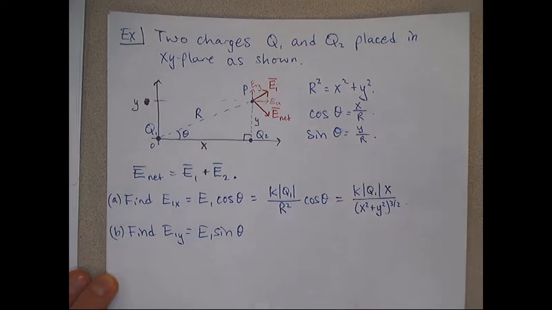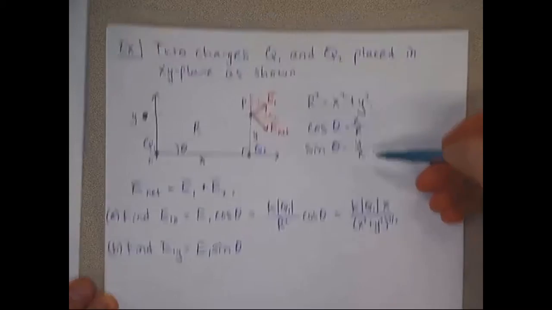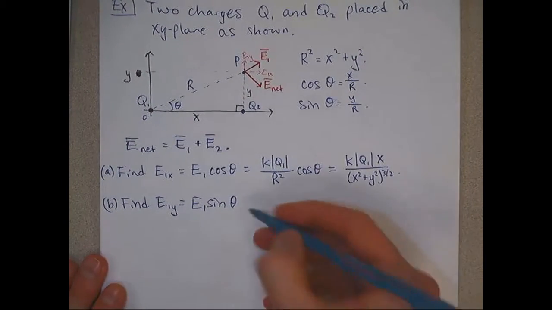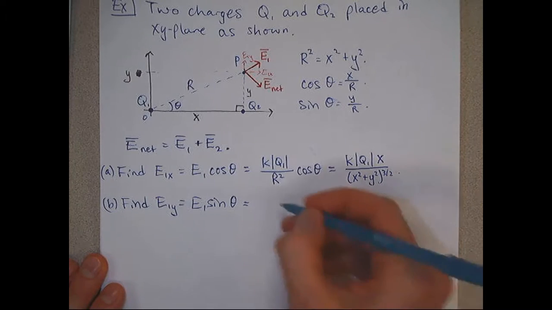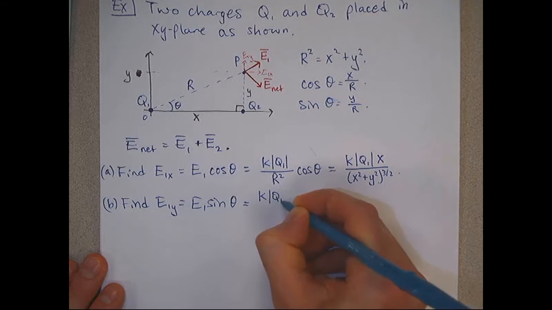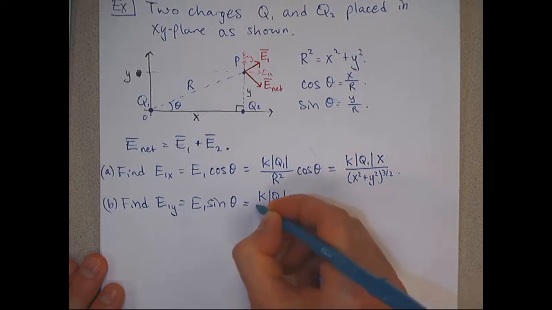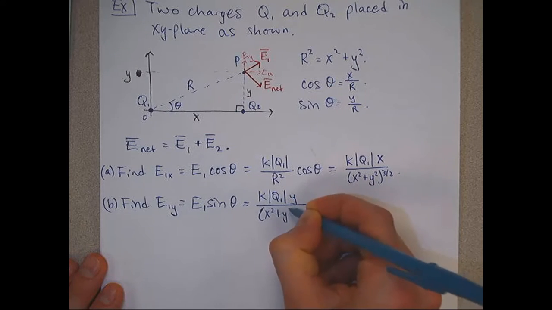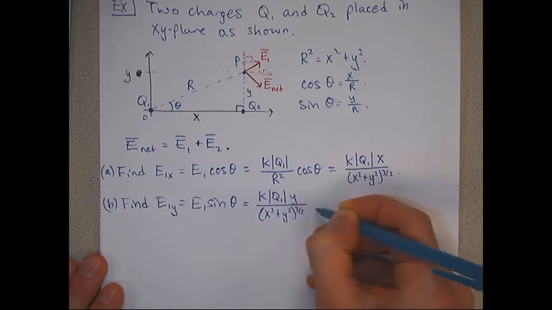You can take this same expression and just replace x with y for the sine. So we have here K absolute value Q1 y over x squared plus y squared to the 3/2.